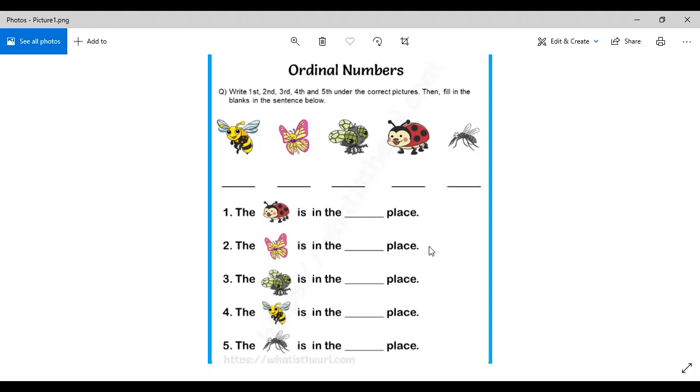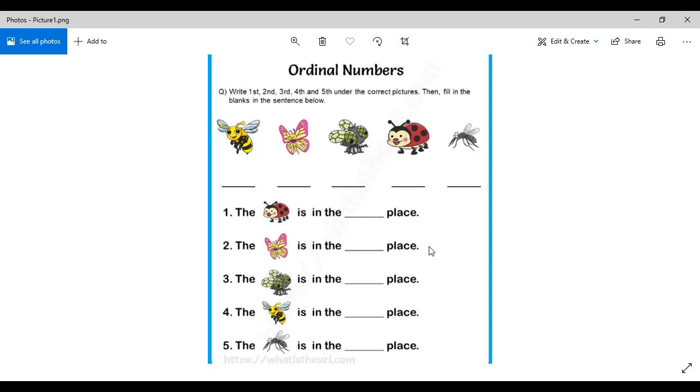So the ladybird is on which place? Fourth place. Very good. The butterfly is in the dash place. Second place. Excellent. The bee is in the third place. Very good.